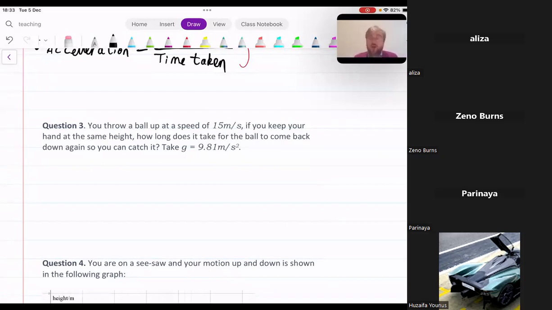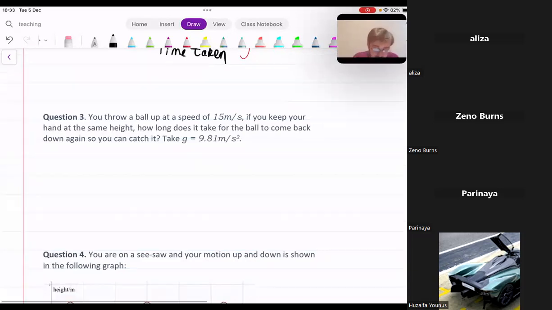Well, if it goes up at 15 meters per second, we're going to ignore air resistance and things like that. By the time you get back down to where you started, it's got the same speed as how it started, but in the opposite direction.